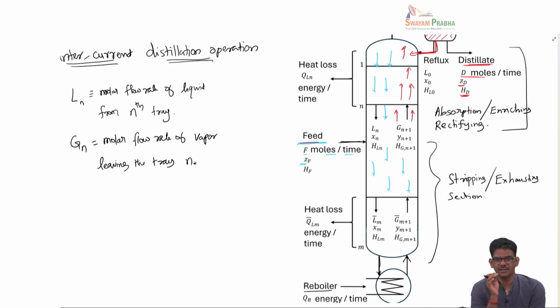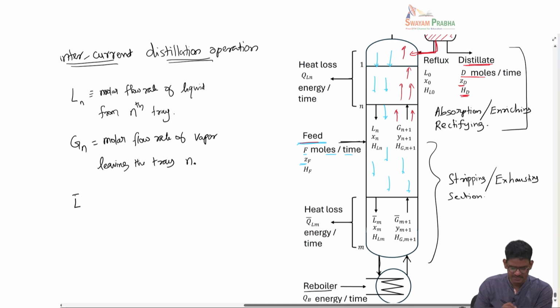Now if you look at the trays below the feed, the flow rates will drastically change because the feed will add some amount of liquid or vapor. Okay, there's a drastic change in the flow rates of liquid and gas at the feed tray. So we are going to use a notation L bar to denote the liquid flow rate in the stripping section. So the entire column is actually looked into two sections: absorption section at the top, stripping section at the bottom.